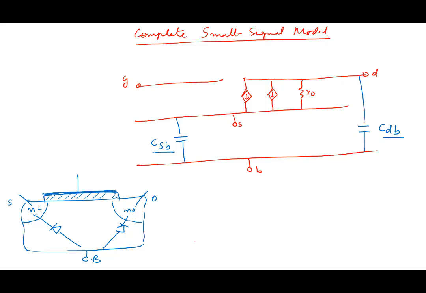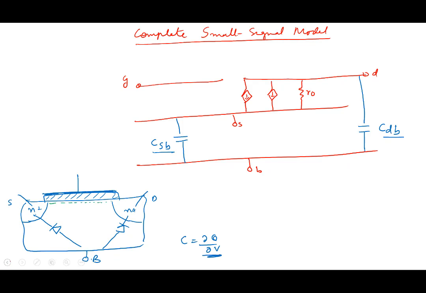Then keep in mind, capacitance is what? Del Q by del V. We know that there is an inversion charge here. As you change the gate voltage, VG, if VG increases, the inversion charge increases.